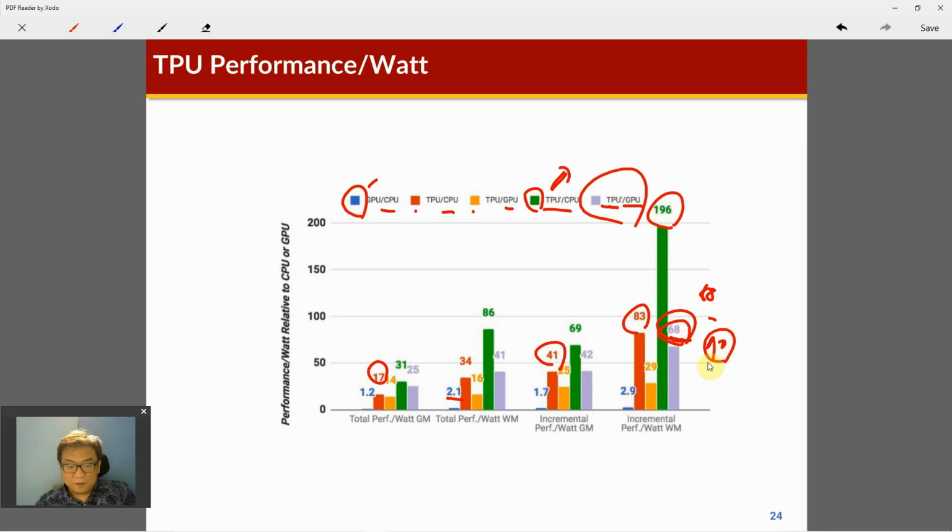So this graph shows that the TPU performance is better than the GPU.